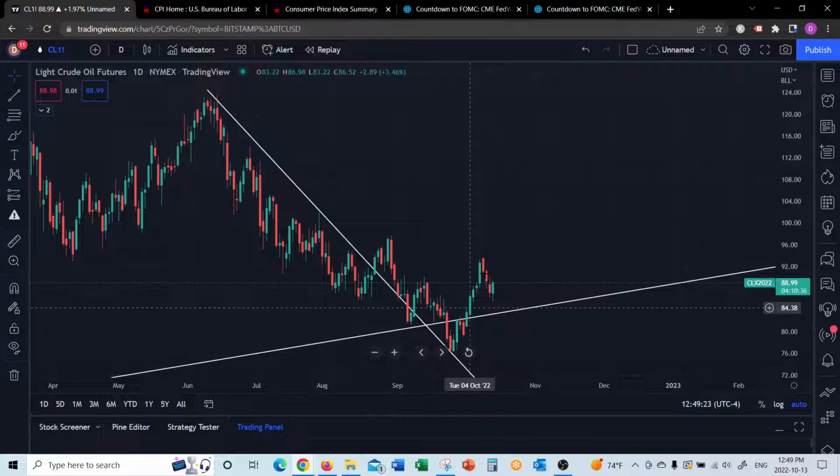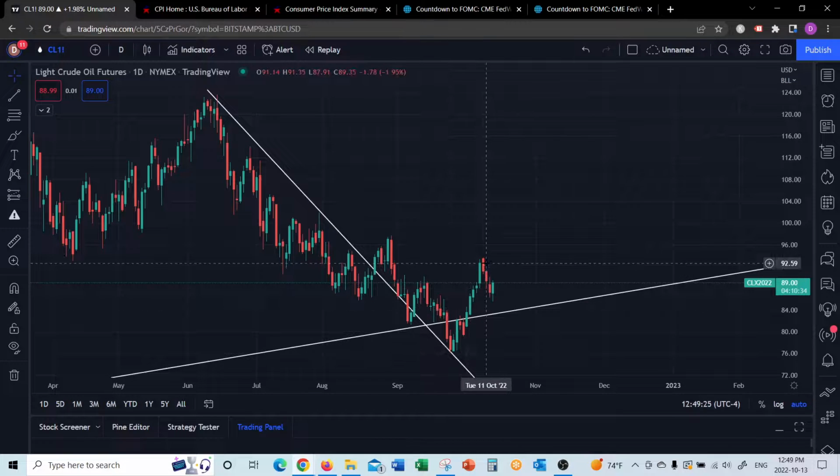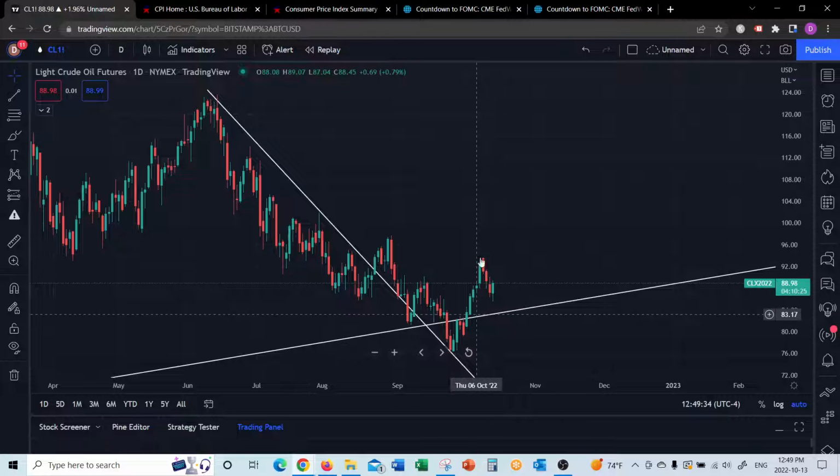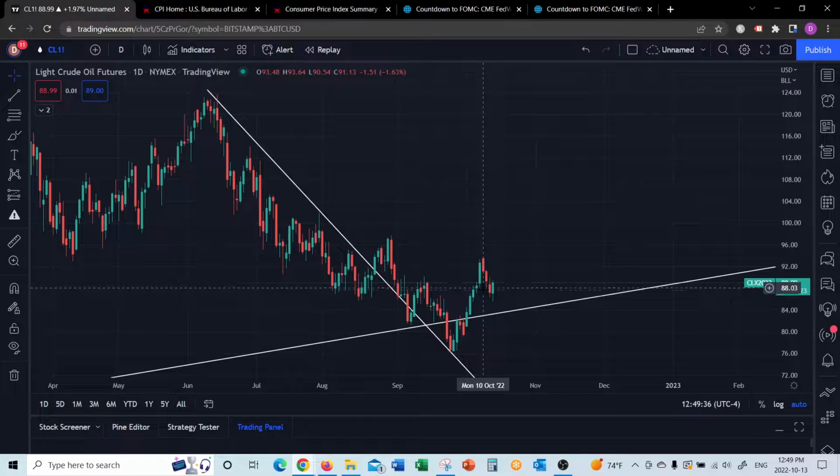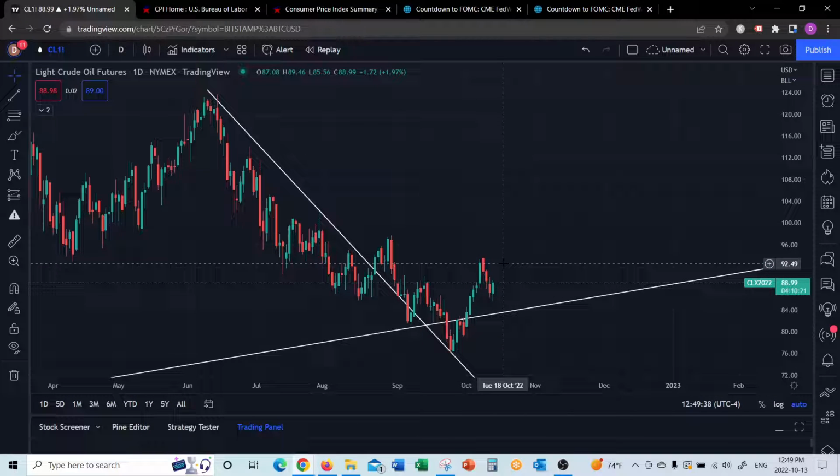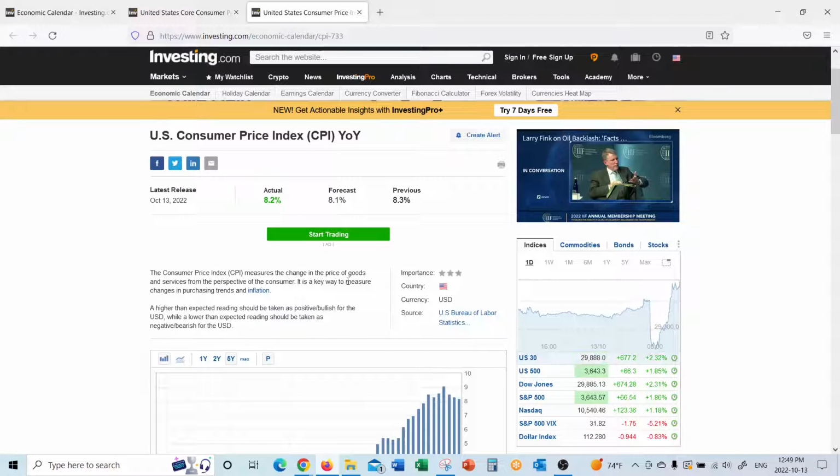Now, of course, we had a 23% move up just recently because of Saudi Arabia and OPEC Plus looking to cut production of oil, which has caused oil to move up, followed by a little bit of selling, and now picking back up again. That's why the headline number continues to be lower when you compare the past data.